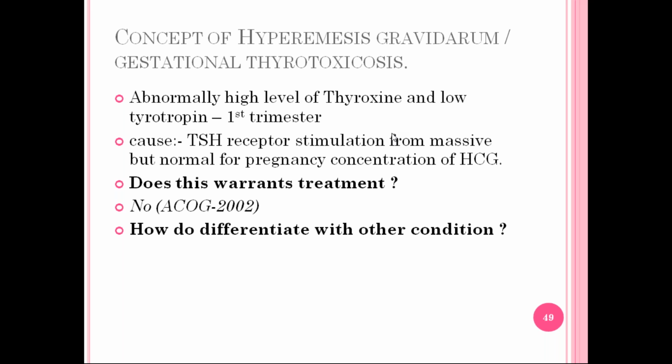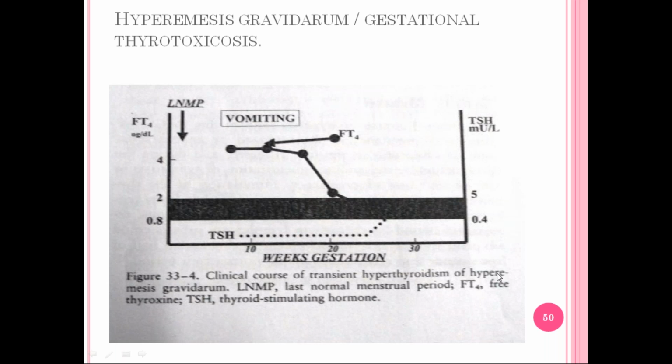The cause is TSH receptor stimulation, massive but normal for pregnancy, because of HCG: the alpha subunit stimulates the thyroid receptor in the maternal thyroid gland, then T4 will be increased and TSH decreased. This is in the case of normal gestation. Here there is a correlation between vomiting and hyperthyroidism. So there is a transient hyperthyroidism of hyperemesis gravidarum.